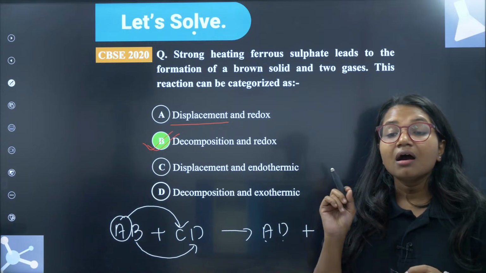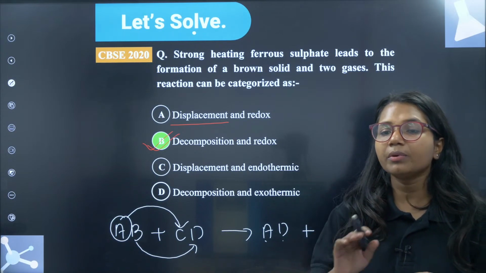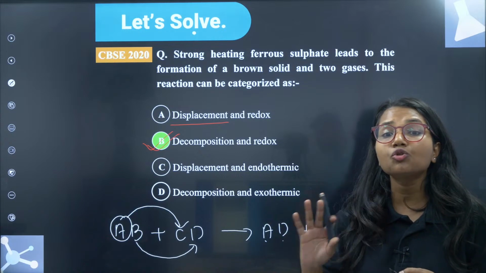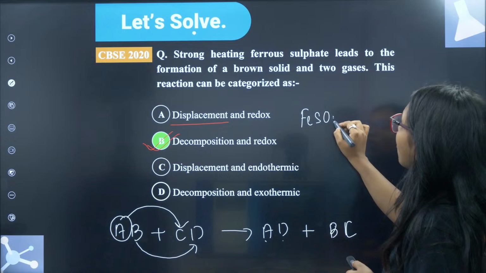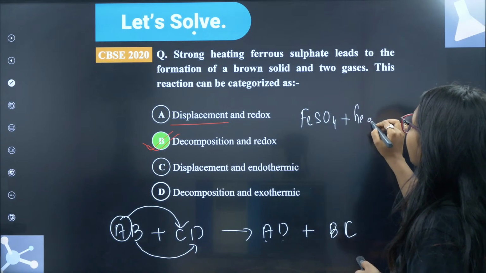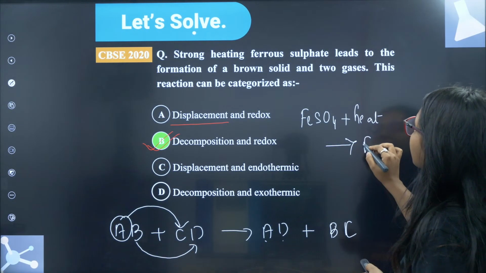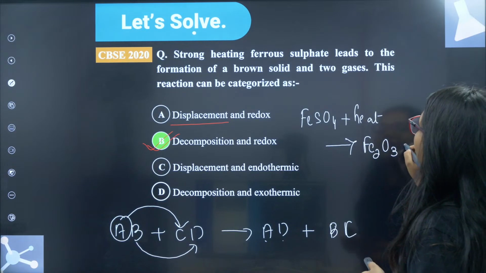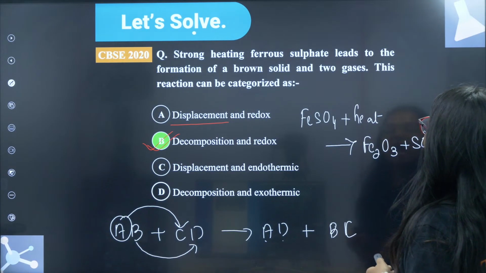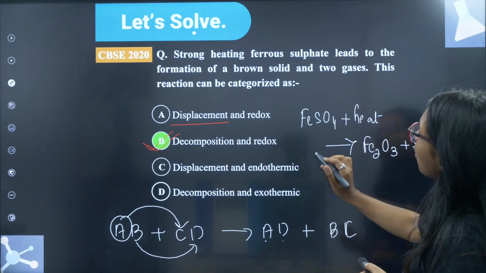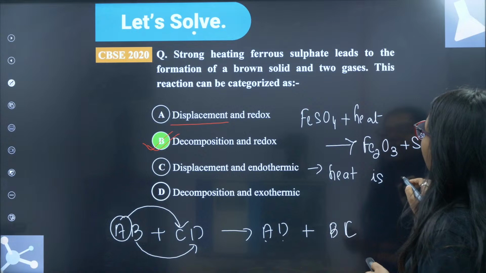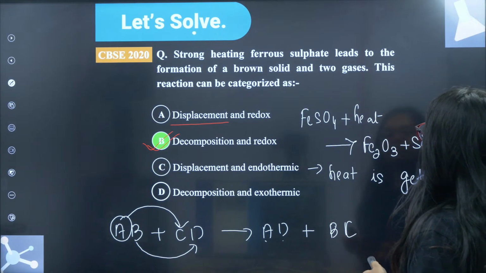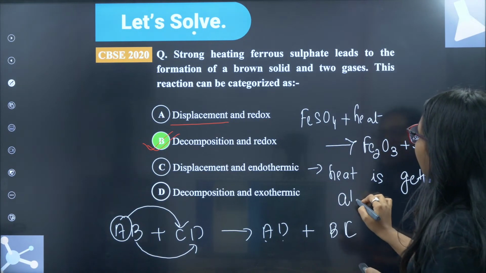And why it is not an exothermic reaction, because in this reaction there is no heat released. You provide FeSO4, you have to provide the heat, only then it will decompose into Fe2O3 and SO2 and O2, right? So in this reaction heat is getting absorbed, right?